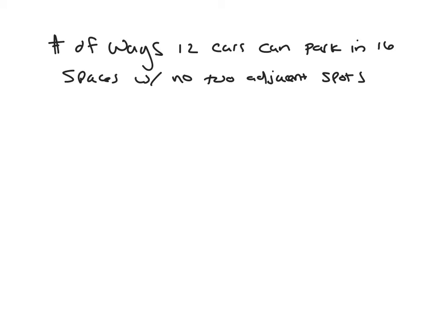So the key insight here is to think of the 16 spots as being these. I'm going to actually draw them out. 1, 2, 3, 4, 5, 6, 7, 8, 9, 10, 11, 12, 13, 14, 15, 16.